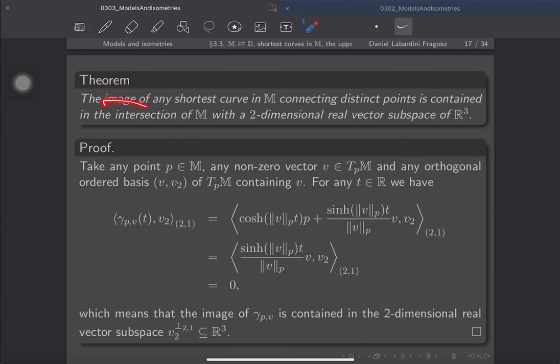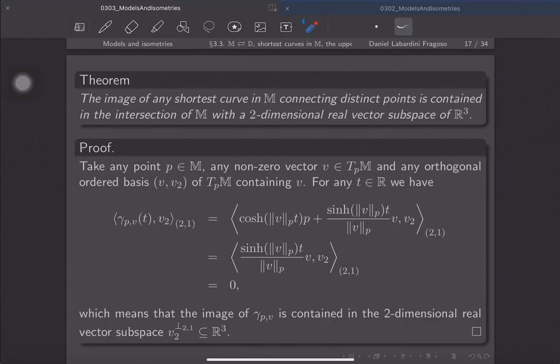When I take a shortest curve, it is contained in the intersection of M with a plane through the origin. So shortest curves in the hyperboloid are not arbitrary, not chaotic, not crazy. They still have Euclidean control, because they are contained in the intersection of some plane through the origin with the hyperboloid.